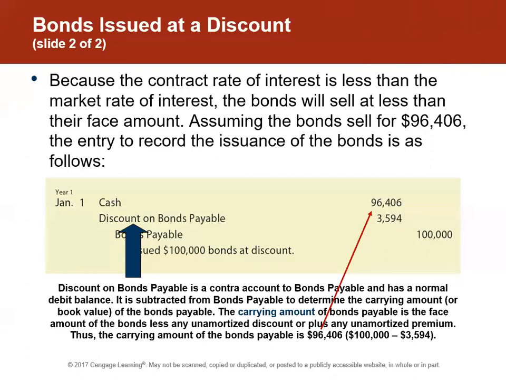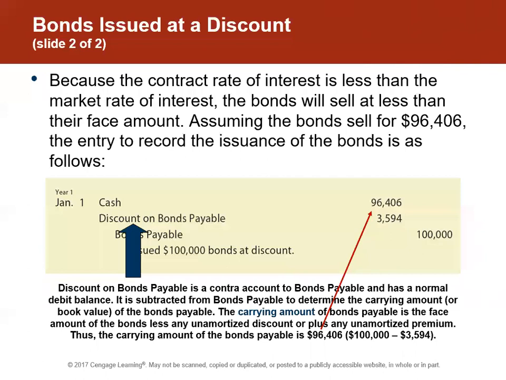Then we calculate the discount. We take the face value minus the cash received to get how much we discounted this bond. So we discounted this particular bond $3,594. That gets debited to an account called discount on bonds payable. If you notice below, it tells us what discount on bonds payable is.